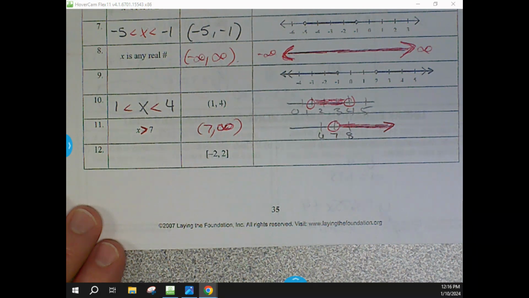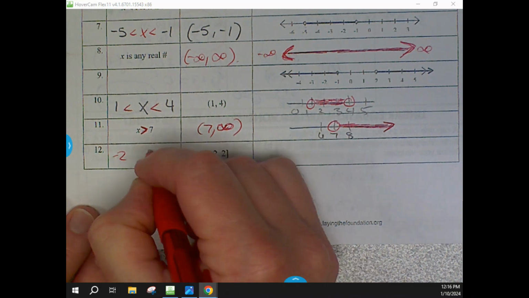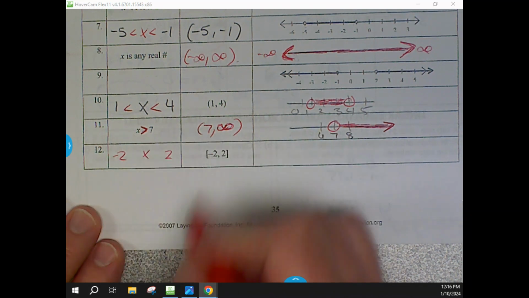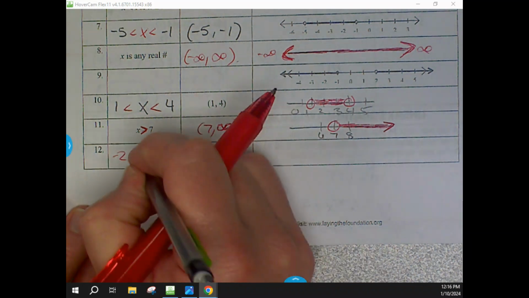Okay, and then number 12, you've got negative 2 to 2. X is in the middle. They're both square brackets. Because of the square brackets, that means when you do the less thans, they need to have the bars underneath them.